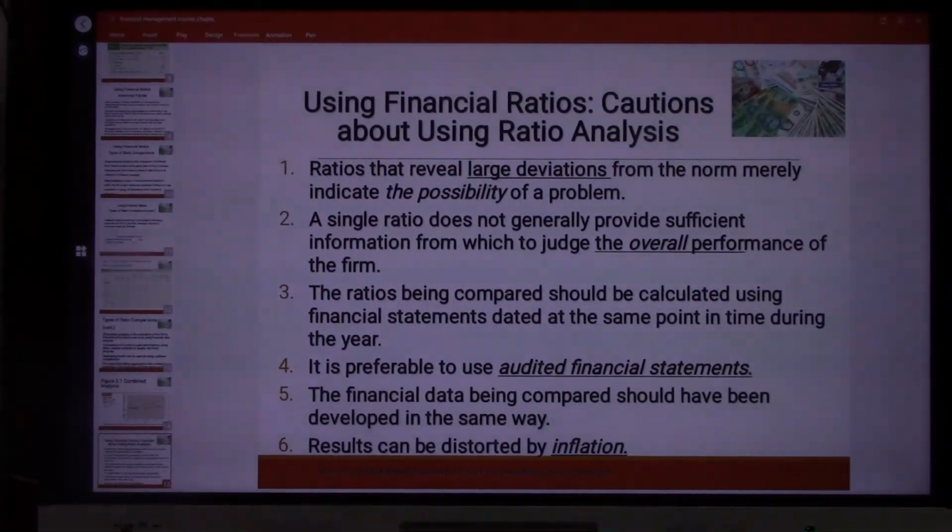Number one, you must be careful that a ratio that reveals a large deviation from the normal is an indication of the existence of a specific problem in this area. For example, if I compare the inventory turnover of my firm with the industry average, and I find a large deviation between the two ratios, this could be an indication of a specific problem in this area.